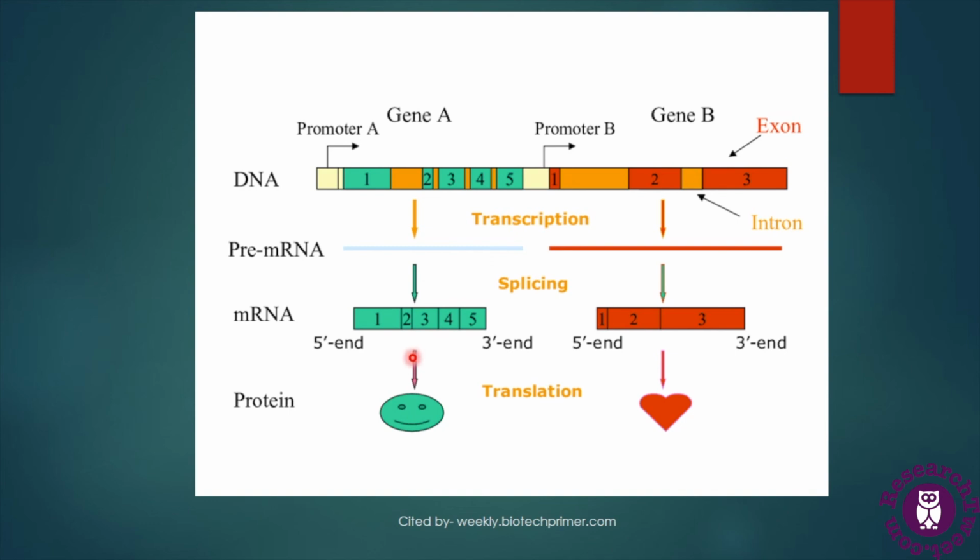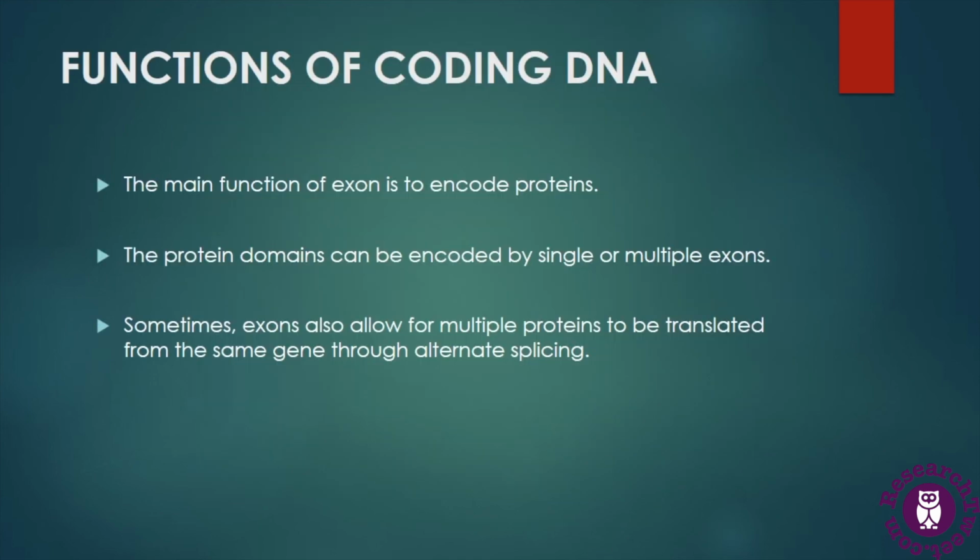These exons are further transported into the cytoplasm of the cell, and this mRNA transcript is further converted into an amino acid chain, and they are converted into proteins with the process of translation. So this is the process of converting DNA molecules into protein molecules with the help of translation.